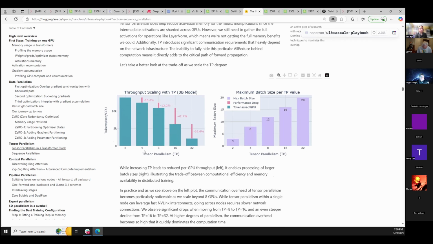So you'd like this to be twice as fast as 2 GPUs, but it's actually only 1.8 times as fast. 8's not bad because now it's a 12% penalty. But then you can see when you go from 8 to 16, wham, all of a sudden you're spending 40% of your time with GPUs doing nothing. And if you go to 32, now it's almost 2/3 of the time it's doing nothing.